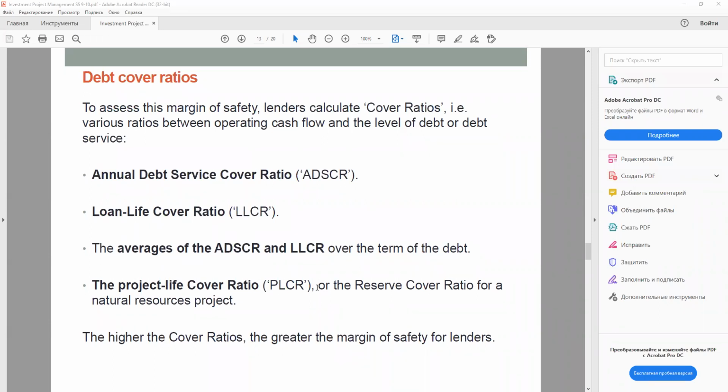It should be noted that none of these cover ratios can be calculated for a period before the project company begins operating, and that the calculations are based on cash flow, not accruals.